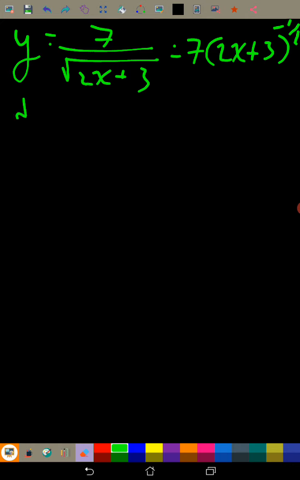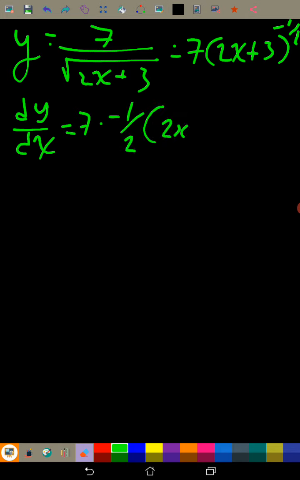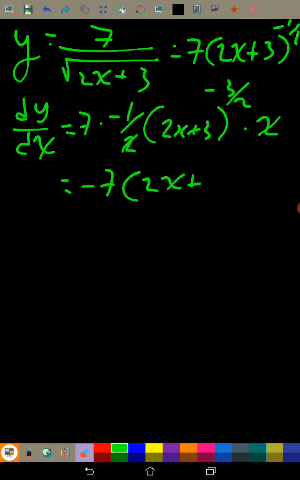So dy by dx, we use chain rule here once again, 7 times minus half, and we have 2x plus 3, so it's minus 3 over 2 times what's inside, 2, and this will go away, minus 7, and we have (2x plus 3) to the power of minus 3 over 2.